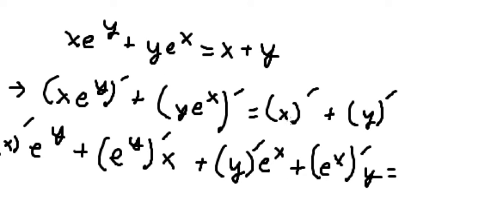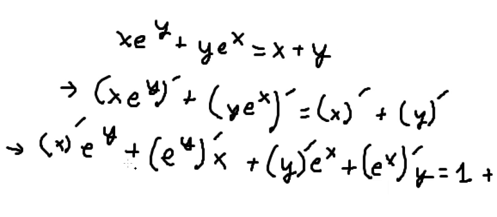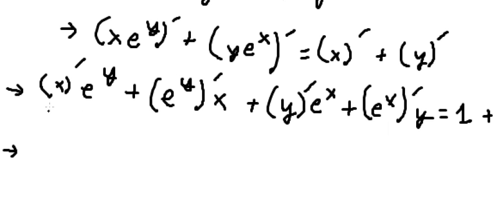First the derivative of x, you get 1. First the derivative of y, you get the derivative of y like this. Now, first the derivative of x, you get 1. So we have e to the power of y.